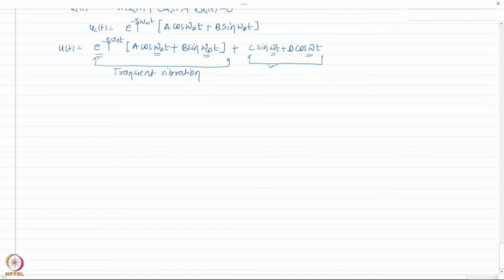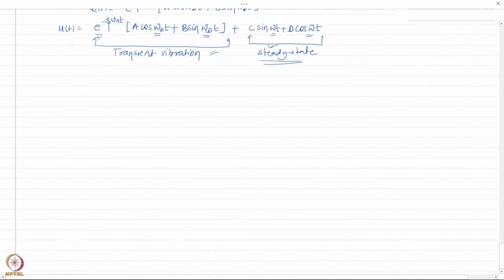And the second part, which is the particular solution, is called steady state, because it is a state that is steady after a certain amount of time. All the transient vibrations die out, and what you are left with is the steady state solution.